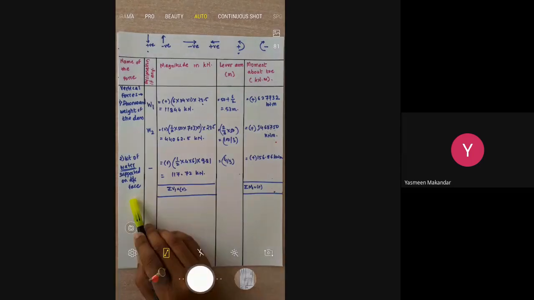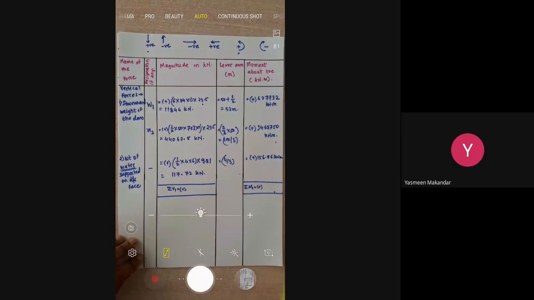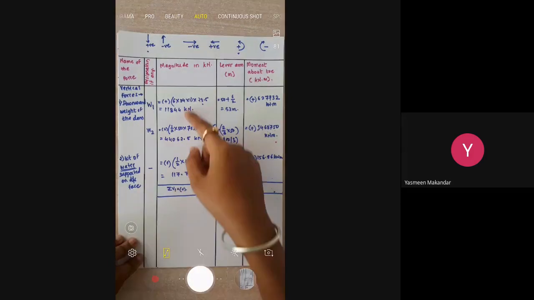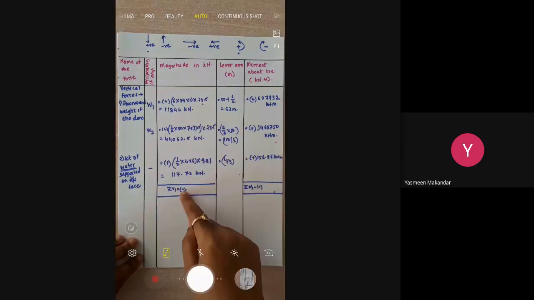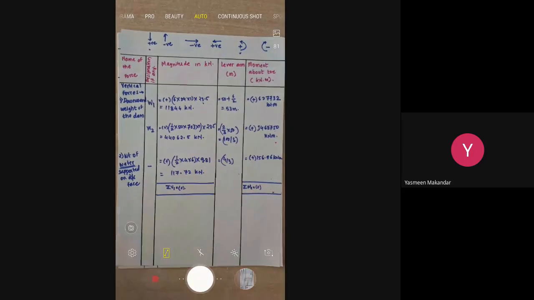Now you work out this sum of vertical forces and moments accordingly, and you can tell me the values so that I can write it over here. Okay. Do the summation. If you have done it earlier, well and good, you can tell me that. So the sum of W1, W2 and water supported on the downstream face.